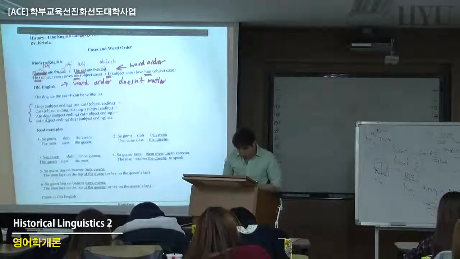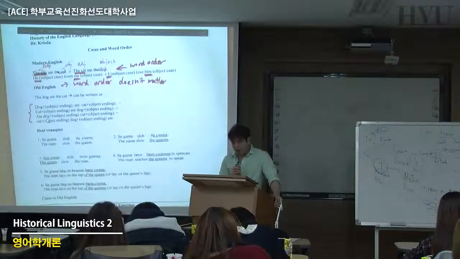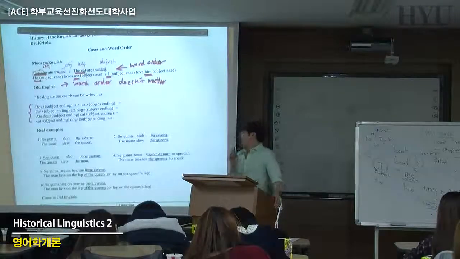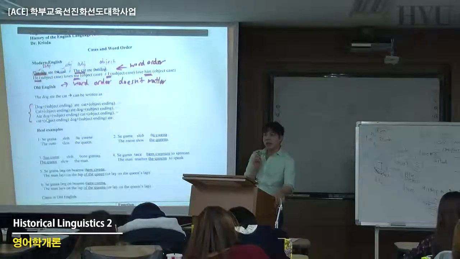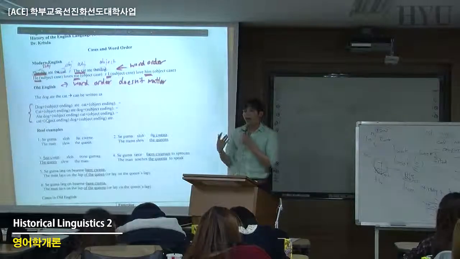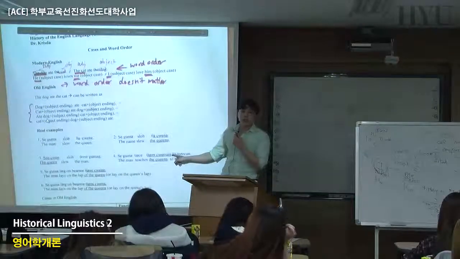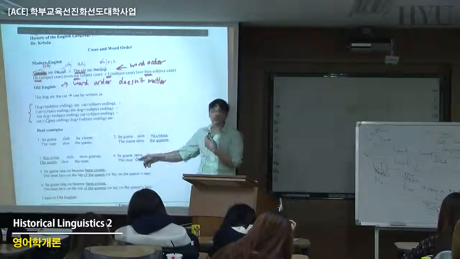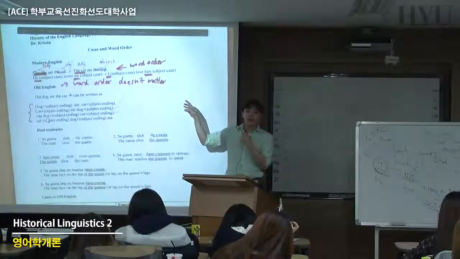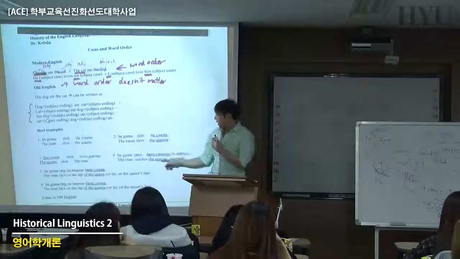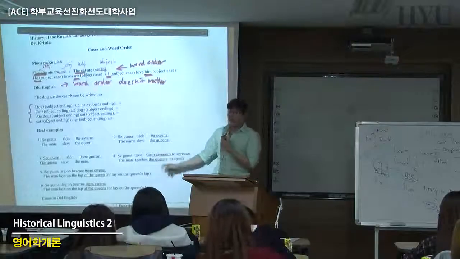See, number 4, se guma teache them quenum to sprecen. The man teaches the queens to speak. In this case, you have a different case. This is what we call indirect object. Indirect object, because after teach, you have both direct and indirect object, right? I teach something to someone, like that. So the queen here is the indirect object case, okay?